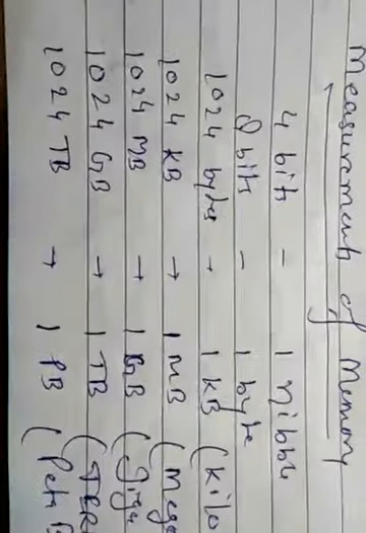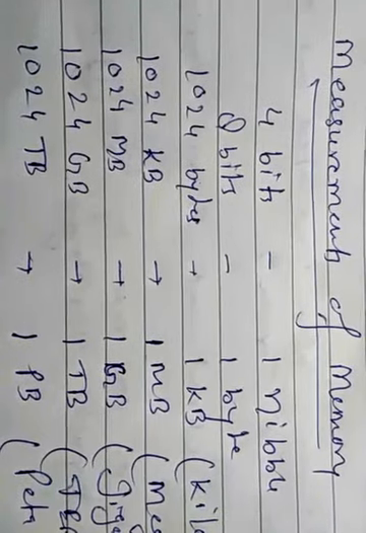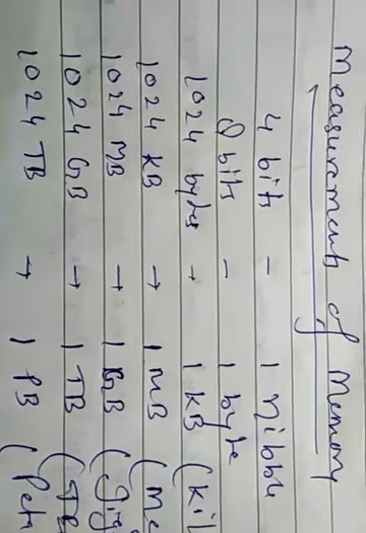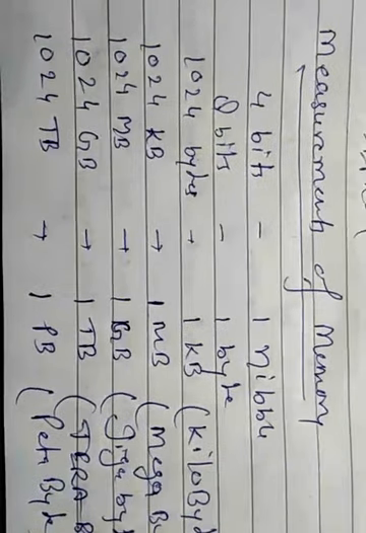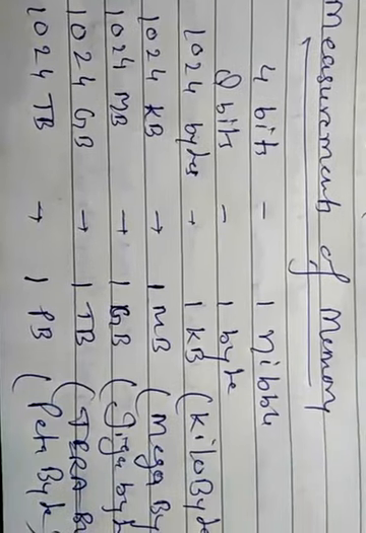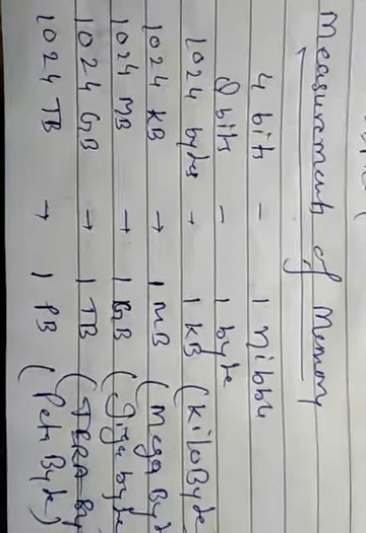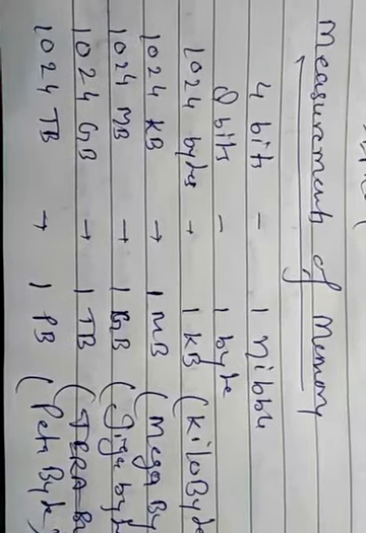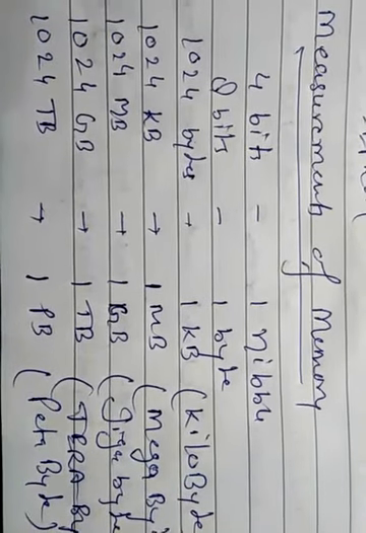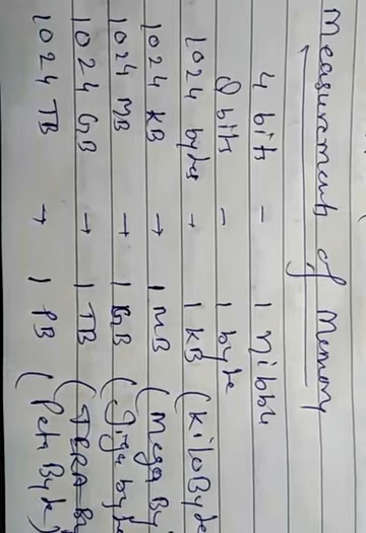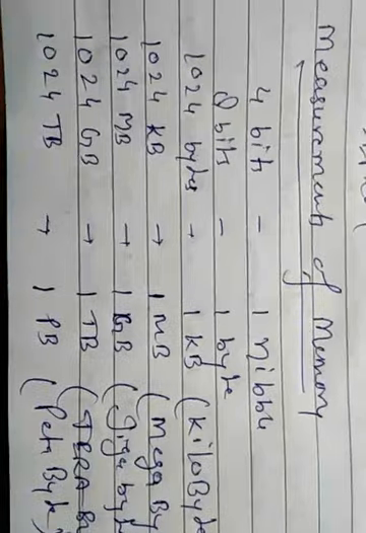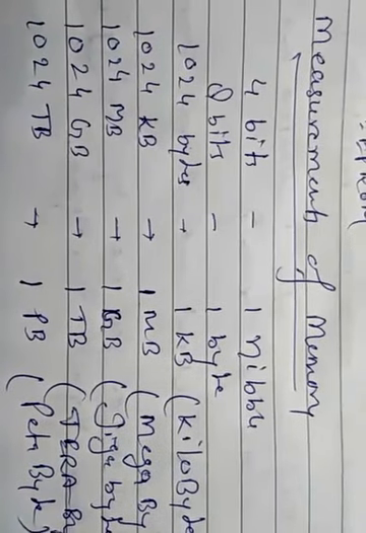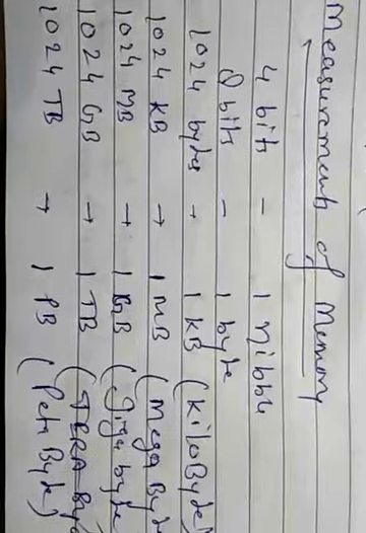So these are some important units to measure memory. 4 bits is equal to 1 nibble, and 8 bits is called 1 byte, and 1024 bytes is called 1 KB, that is called a kilobyte, and 1024 KB is called 1 MB, which stands for 1 megabyte. 1024 MB is equal to 1 GB, which is gigabyte, and 1024 GB is equal to 1 TB, which stands for terabyte, and 1024 TB is equal to 1 PB, which stands for petabyte.